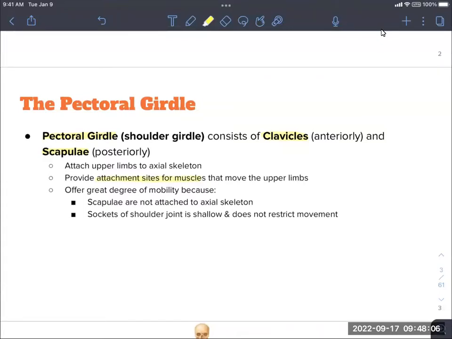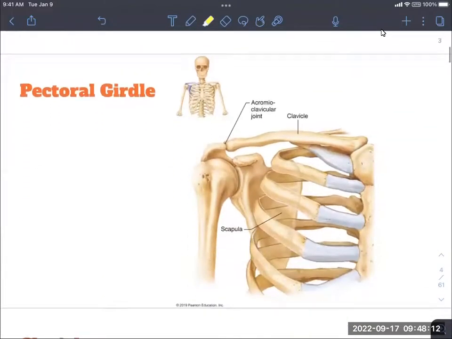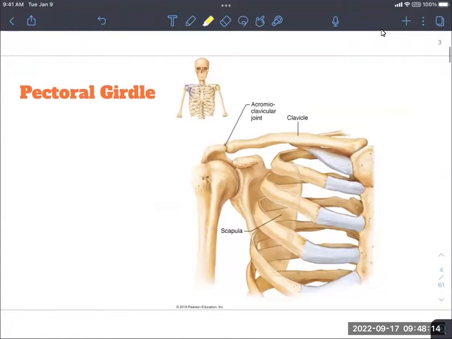So your arm can actually go really high up and over. It doesn't restrict any of your movement. So here is the pectoral girdle. It has your clavicle, the scapula in the back, and where the clavicle and the scapula actually come together is called the acromioclavicular joint.